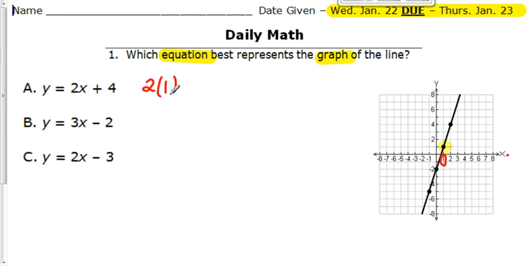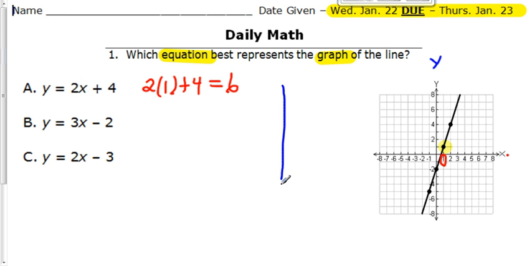So 2 times 1 plus 4. 2 times 1 is 2, plus 4 is equal to 6. That means on the y axis, which goes up and down, it needs to be 6 high. And this is only 1 high.